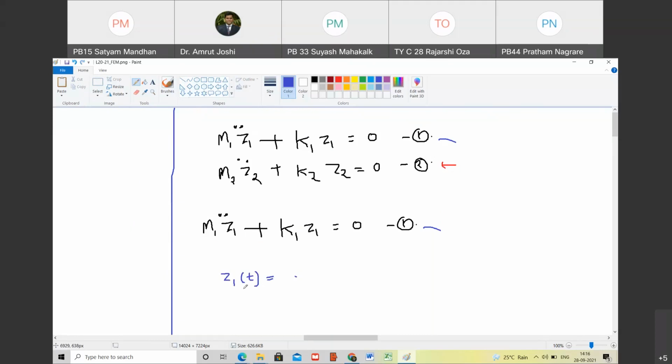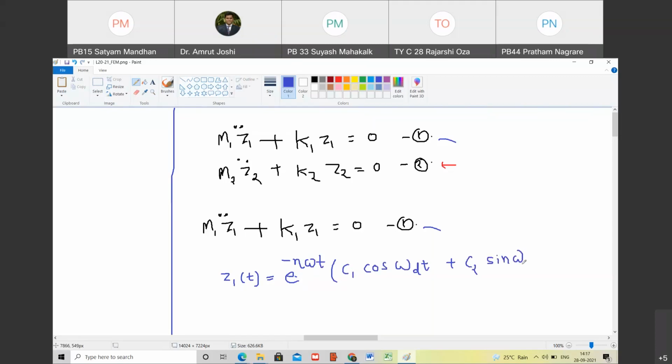You have to understand it is z1 as a function of time. z1 as a function of time is equal to e raised to minus eta omega t. Do you agree with me? Yes, sir. C1 cos omega d t plus C2 sin omega d t.